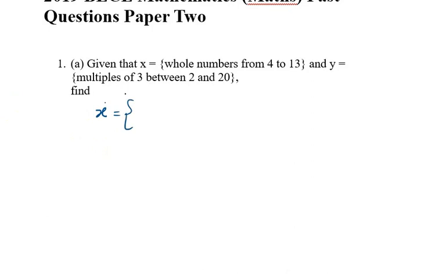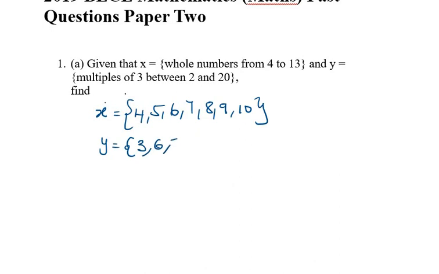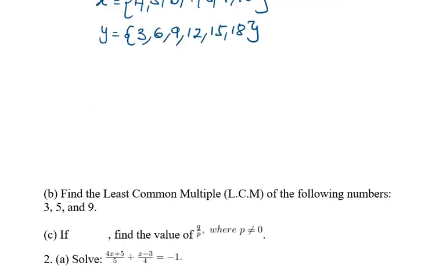So 4, 5, 6, 7, 8, 9, and 10. Then the next one is multiples of 3 between 2 and 20. So between 2, 3 is part. 6, 9. We have 12, 15, and 18.